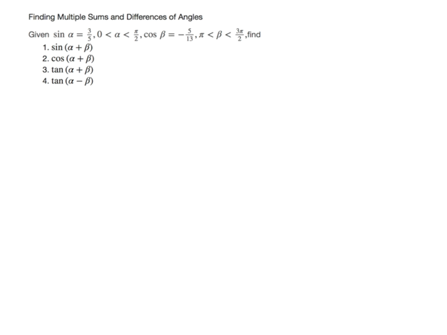Okay, so we are given the sine of alpha as 3/5, and we are given the cosine of beta as -5/13.